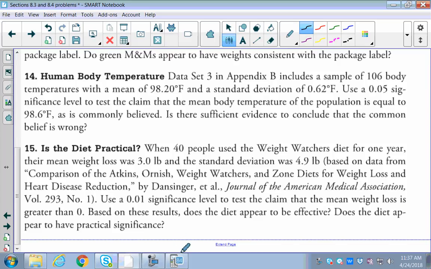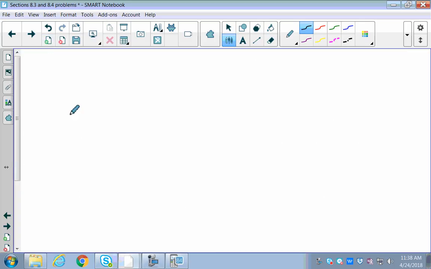Based on these results, does the diet appear to be effective? Does the diet appear to have practical significance? So I'm just going to go ahead and add another page here. You guys have that problem, right?